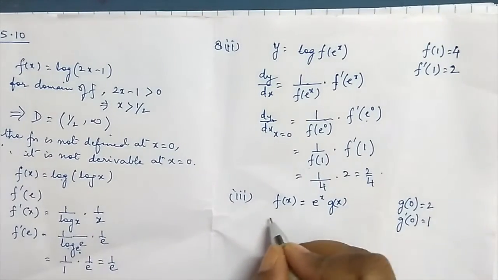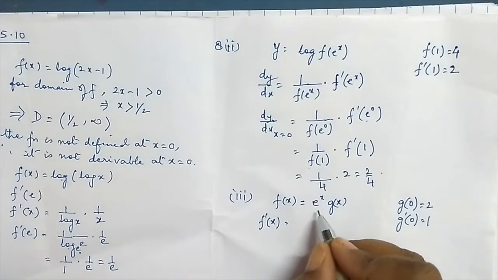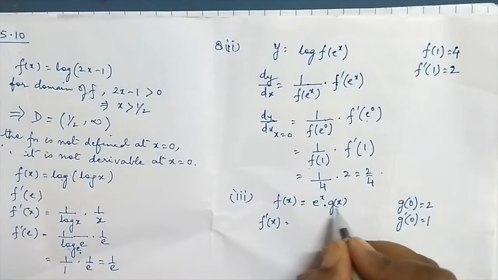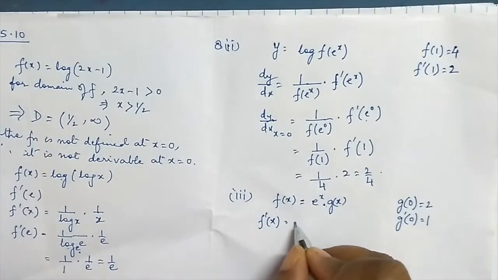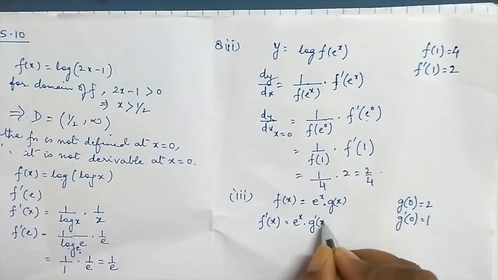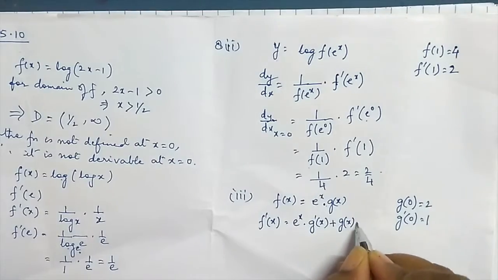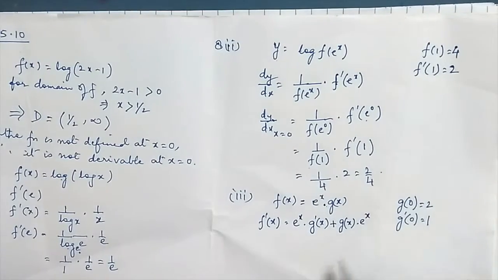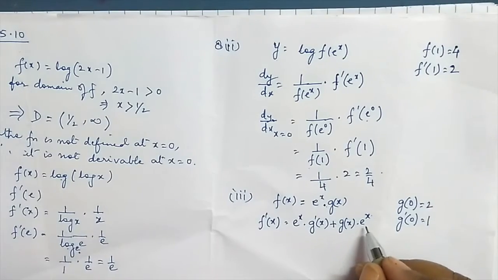So first let's write f dash x, that is the differentiation of it. This is of the form u into v, so I'm going to use the product rule: first function into differentiation of the second, plus the second into the differentiation of the first, and I know differentiation of e to the power of x is e to the power of x only.